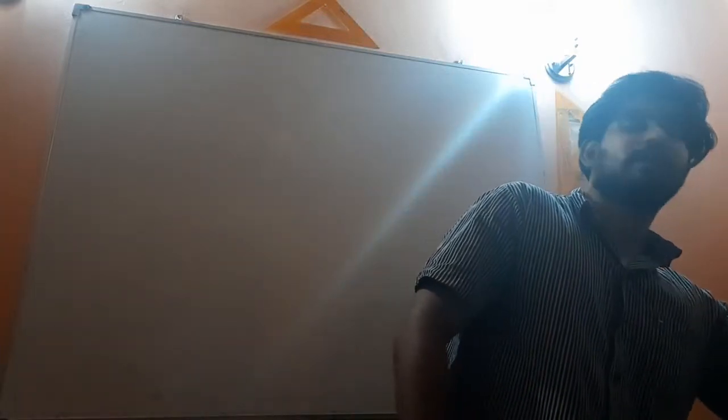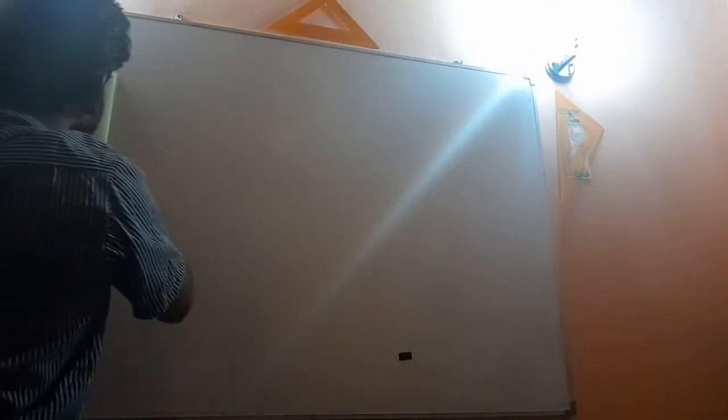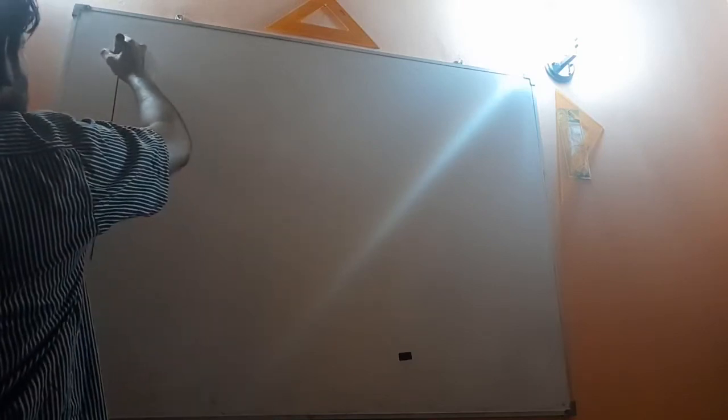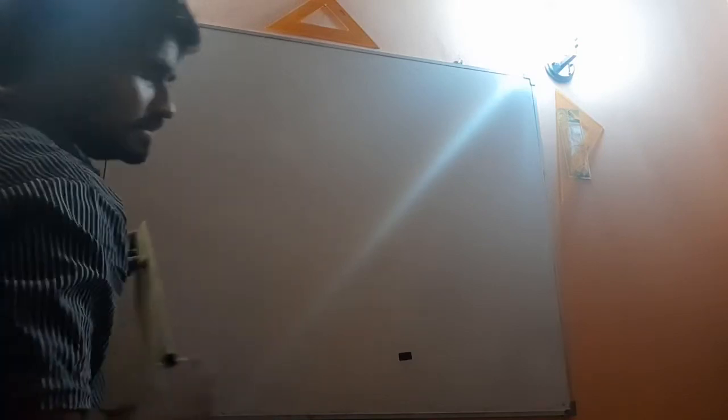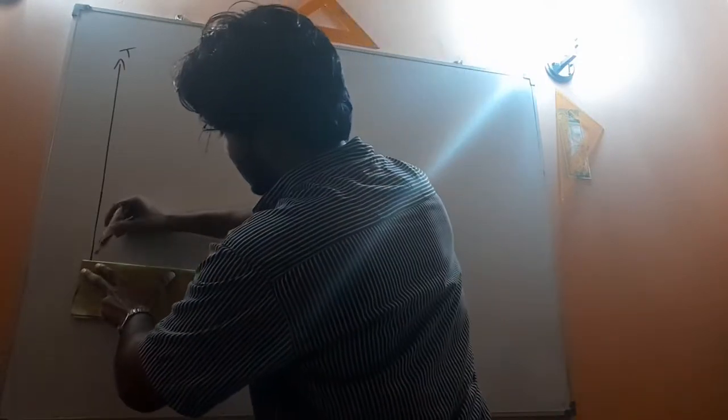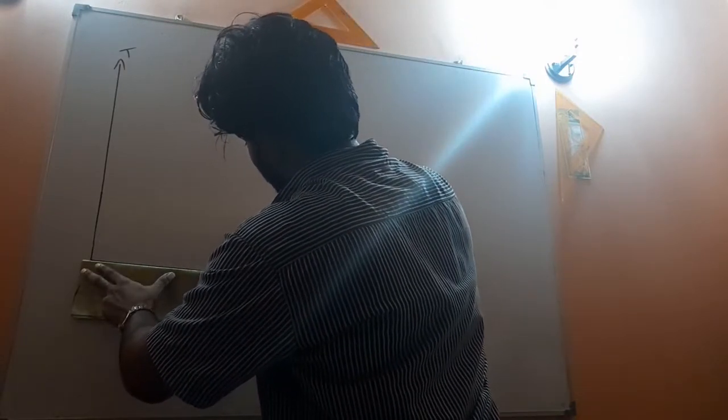Okay, so first thing, let's sketch the TS diagram first. You have to be very careful when sketching this, right? So now the TS diagram. Okay, so this is the temperature axis, right? Now I'm going to sketch the entropy axis.